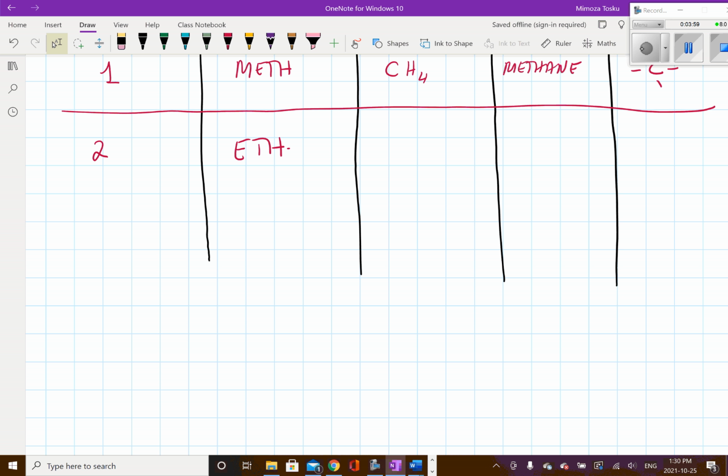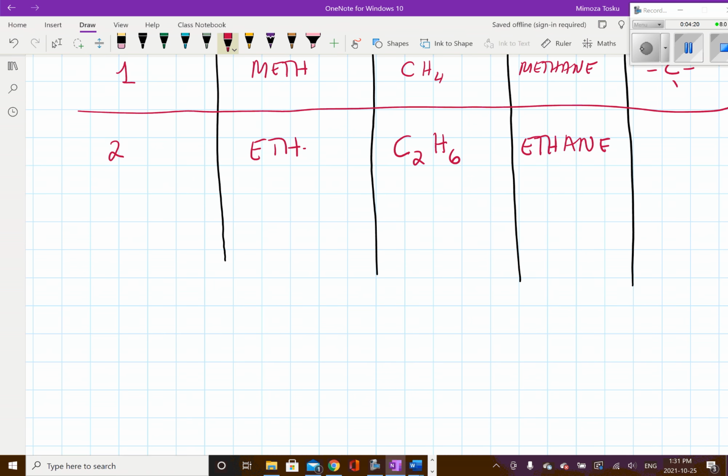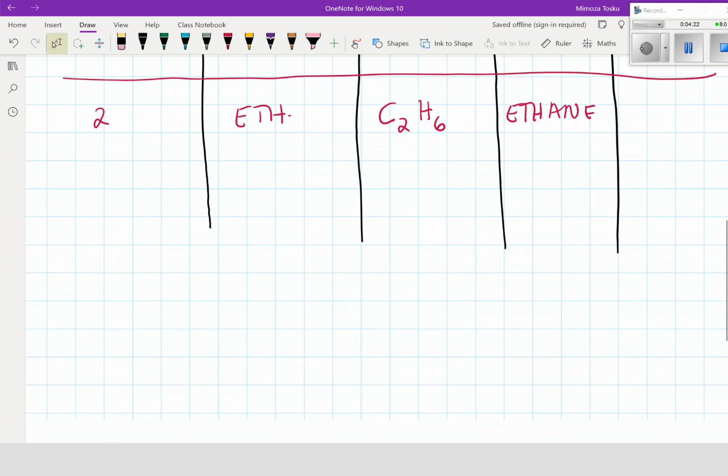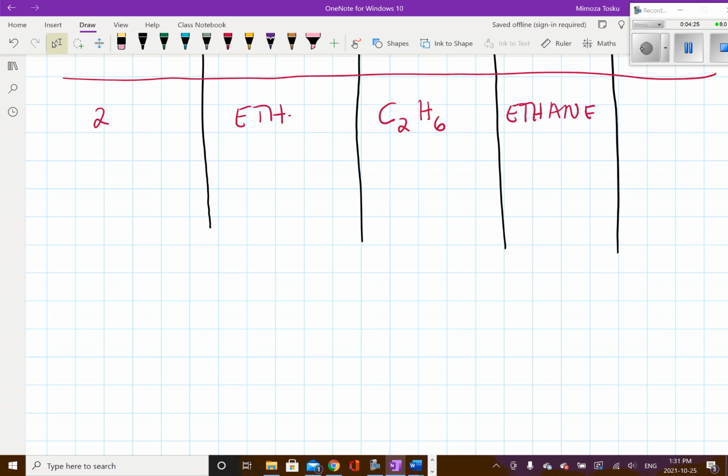Then the molecular formula will be C2H, 2 times 2 is 4, plus 2 is 6. And the name is eth, that is the stem prefix, and -ane, that is the suffix that it takes when we are dealing with alkanes.